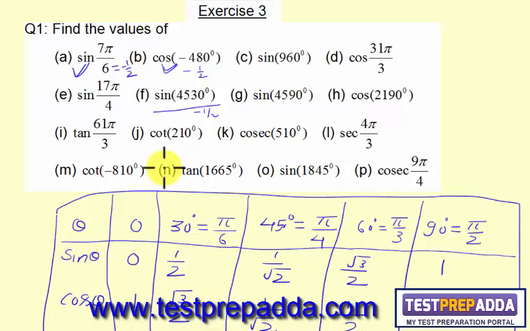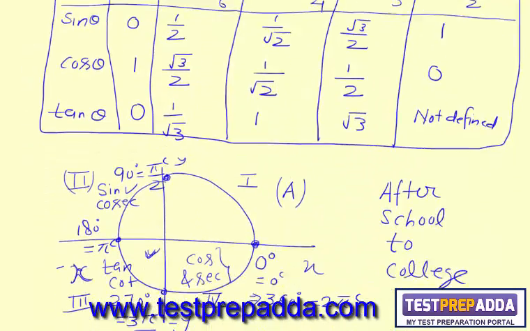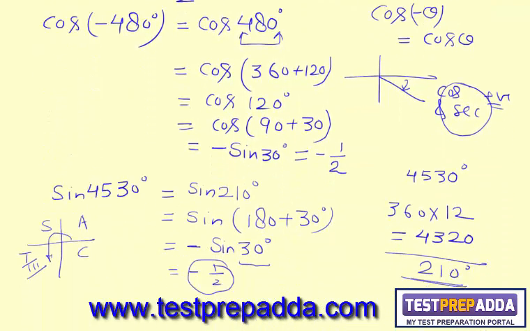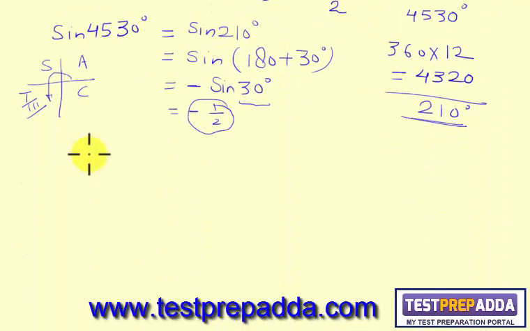If I take, for example, tan 61 pi by 3. Tan 61 pi by 3 can be written as tan.